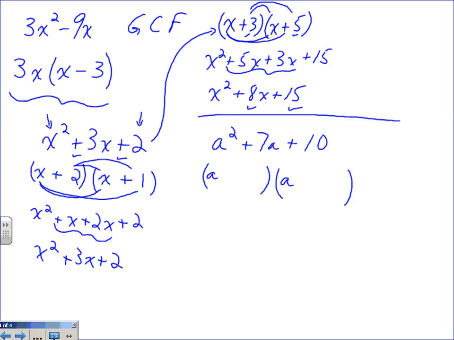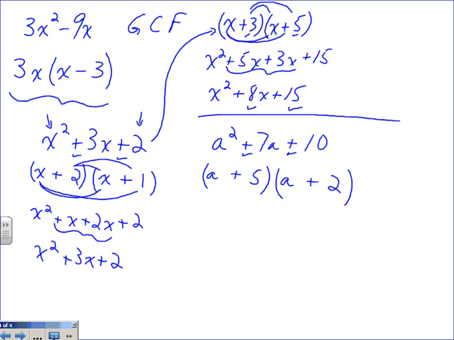I want you to think, what two numbers multiplied together will give you 10? Right, 5 and 2. And if you add 5 and 2 together, doesn't that give you 7? So I put 5 and 2. 5 times 2 is 10. Now, because these two terms are positive here, I'm going to put a plus and a plus.